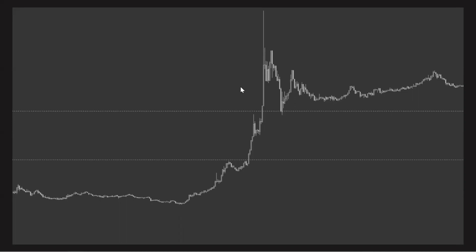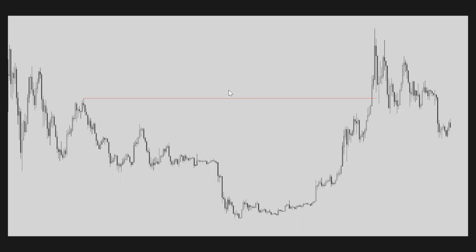What have I got here? Okay. So I'm also going to show you what a move like that looks like on a footprint chart, just to give you another perspective. So this is Bitcoin, and the level I'm paying attention to here is this 10K high and the day on which it was breached.